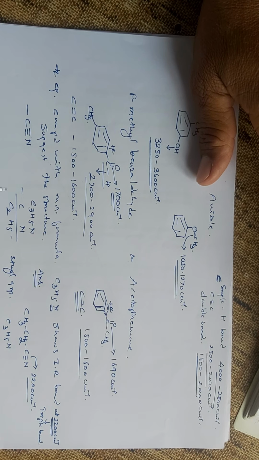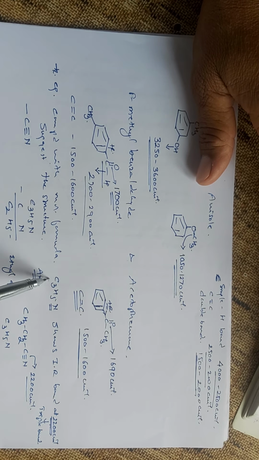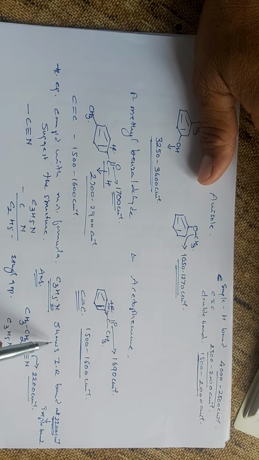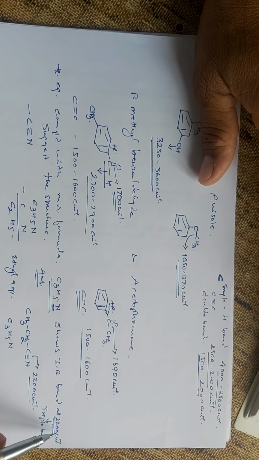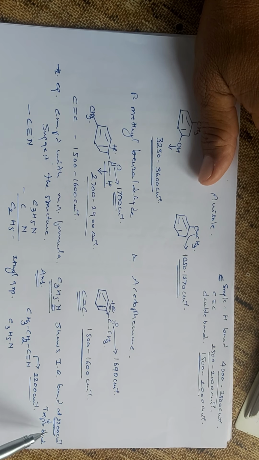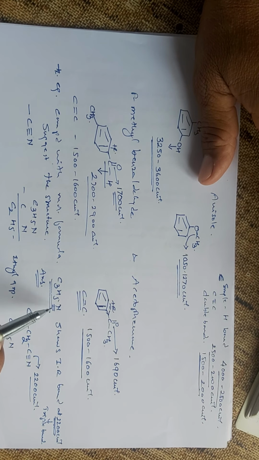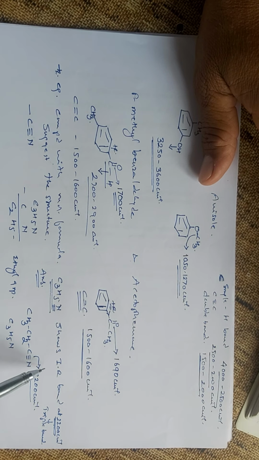So this is the answer to this question. Such types of examples may be asked in your question paper. The compound with molecular formula C3H5N shows an IR band at 2200. The band at 2200 indicates the presence of a triple bond, which may be carbon-carbon triple bond or carbon-nitrogen triple bond, but the molecular formula indicates the presence of nitrogen. So a carbon-nitrogen triple bond may be present.